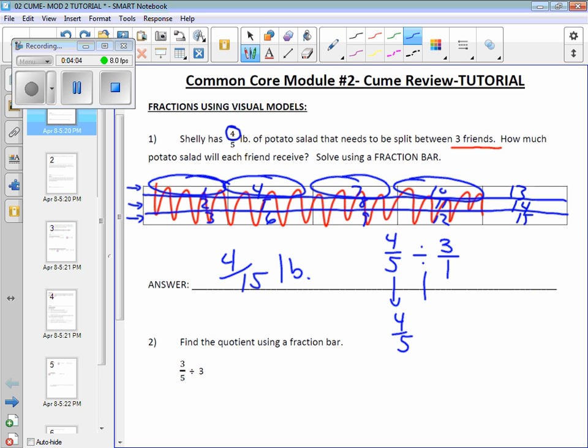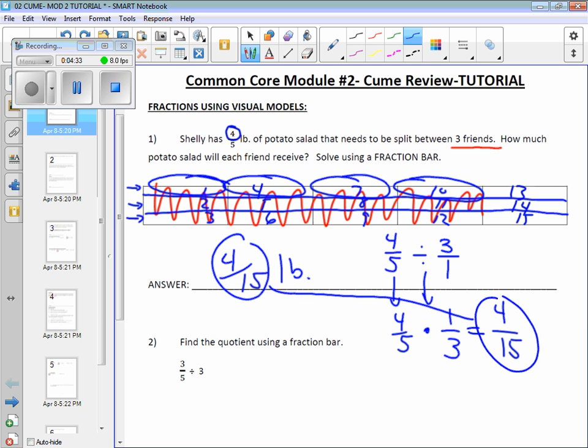We change division to multiplication, and we flip 3/1 to its reciprocal, which is 1/3. And now what you're going to do is multiply your numerators. 4 times 1, which is 4, and 5 times 3, which is 15, and the answer does indeed check out. So you can always check your fraction bars with keep, change, flip.